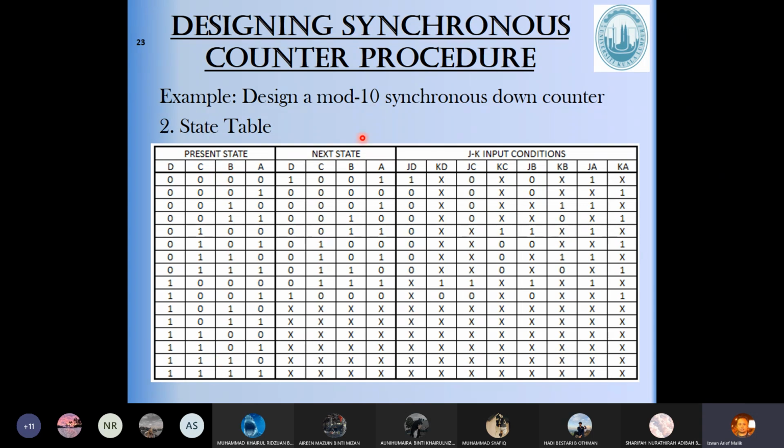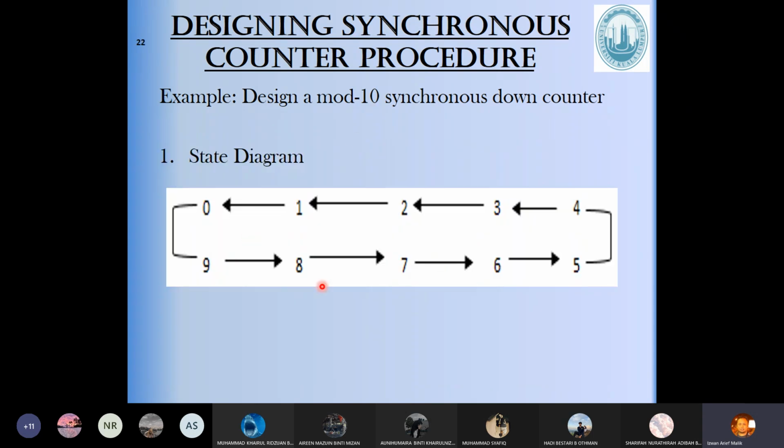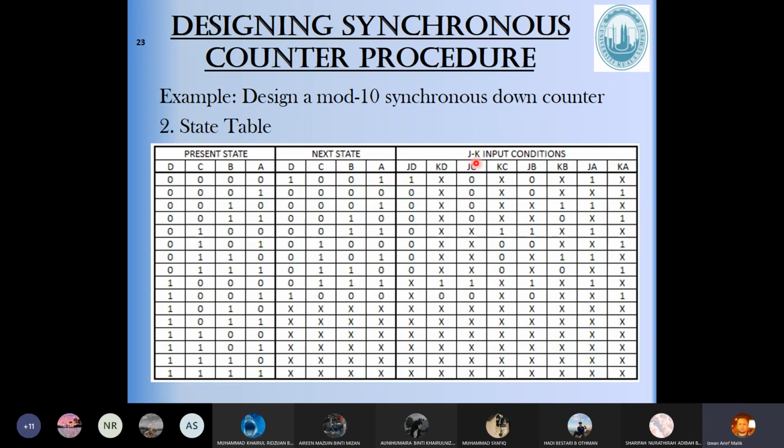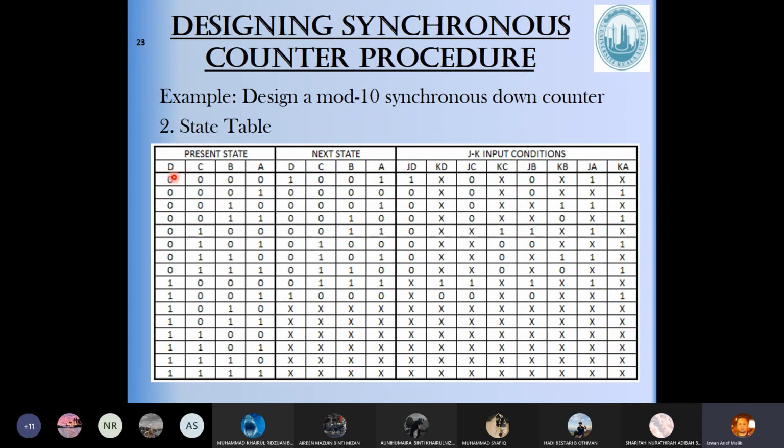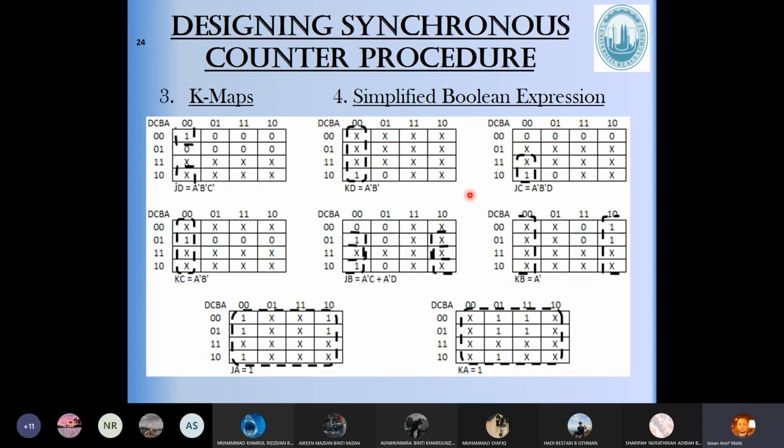But the next state is based on this diagram. That is my suggestion to make sure that you don't get confused when entering the JK input condition into the K-maps. Because for K-maps, for example like this, this box here, the cell in the middle, the first box, this is for 0, 0, 0, 0. So let's say here you put 9 first because the biggest number is 9, 1001, but you took it wrongly. You put this 1 here.